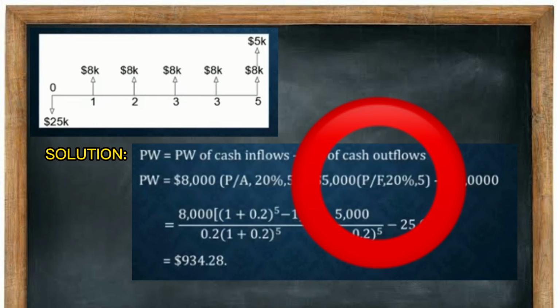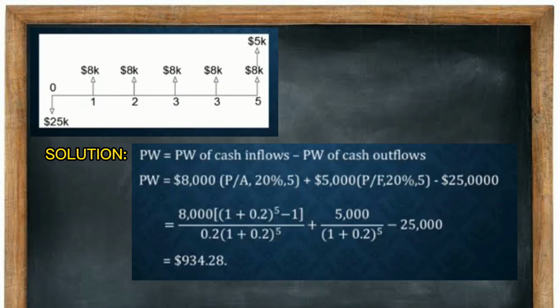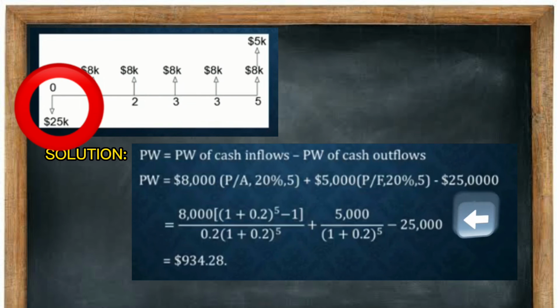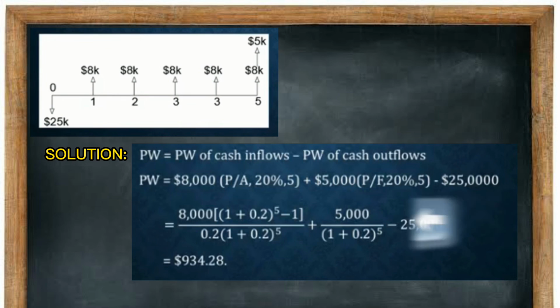So in order to make it happen, the $5,000 is divided by 1 plus 0.2 to the power of 5. So pagdating kay $25,000, siya lang ang nag-iisang cash outflow natin, and then, nasa present na siya. Therefore, i-copy lang natin. Then, if we will get the summation of present worth, i-calculate lang natin.